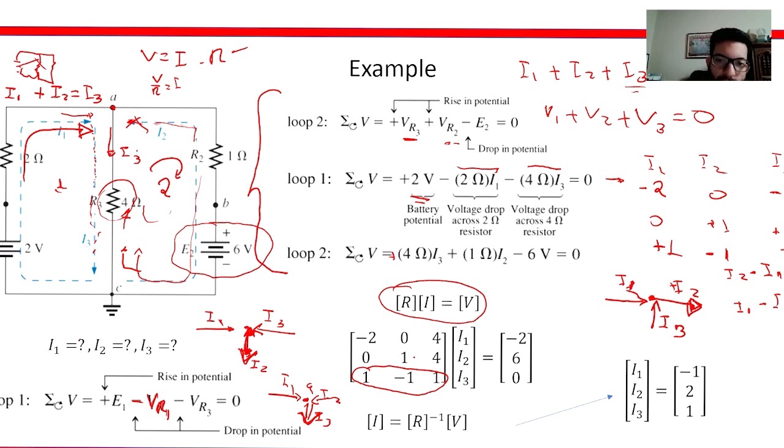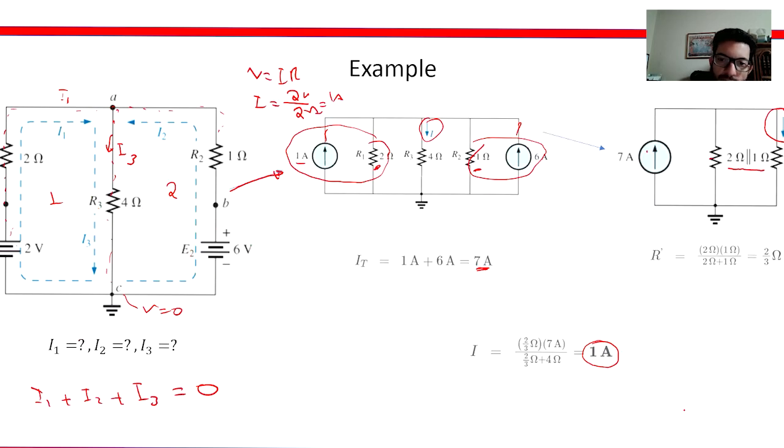Then 0I1, 1I2, 4I3 equals 6, and I1, -I2, and I3 equals 0. You solve this by hand or using a calculator or using linear algebra. As I said, you just invert this R matrix, and at the end, the solution is this: I1 is -1, I2 is equal to 2, and I3 is equal to 1.